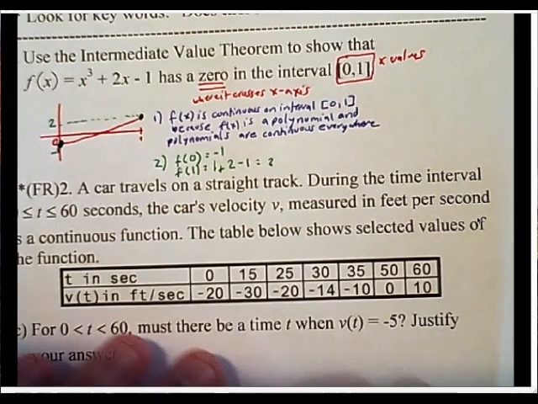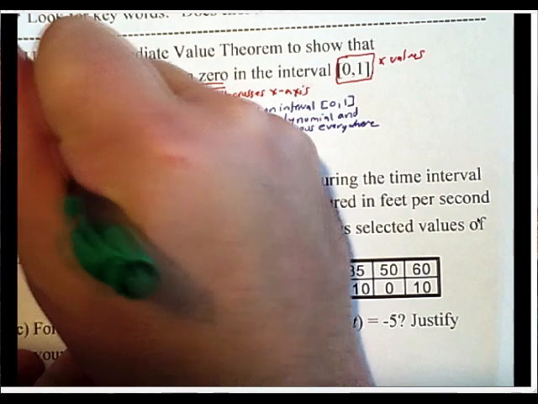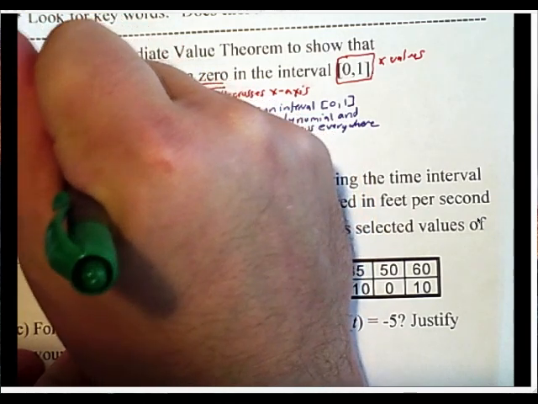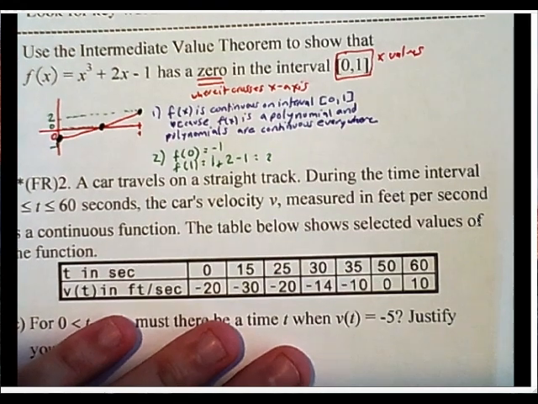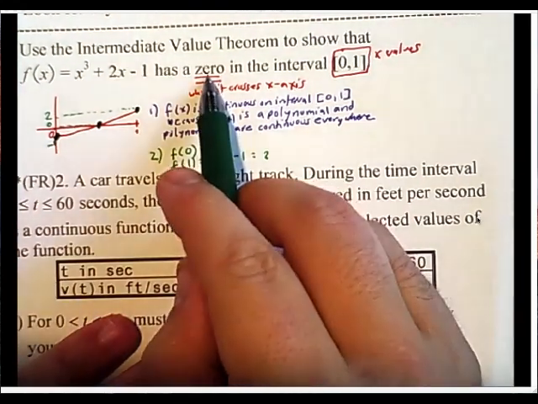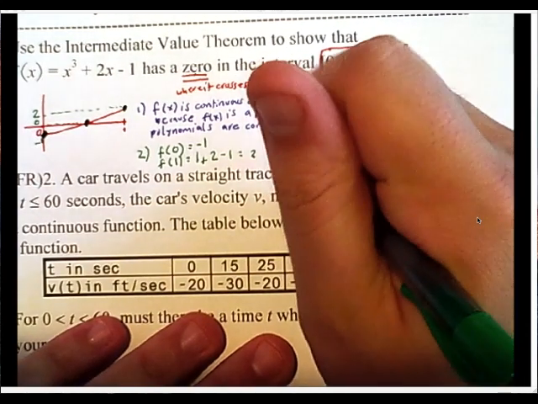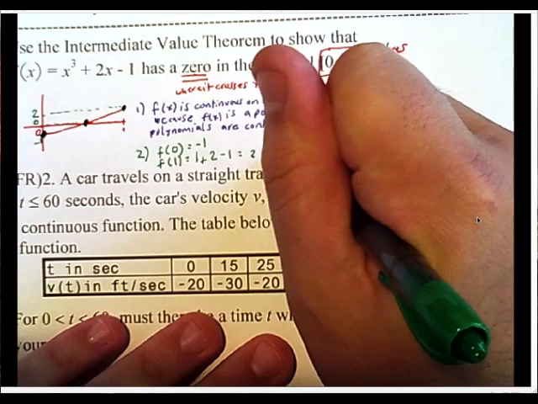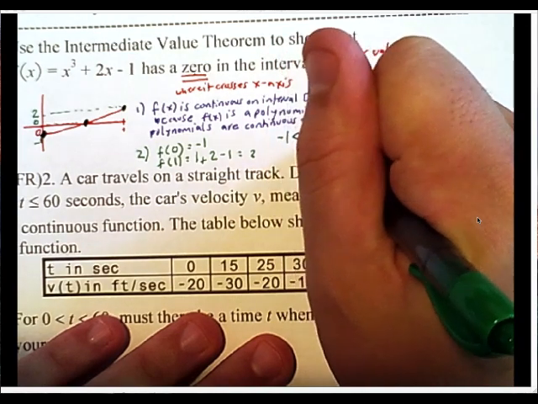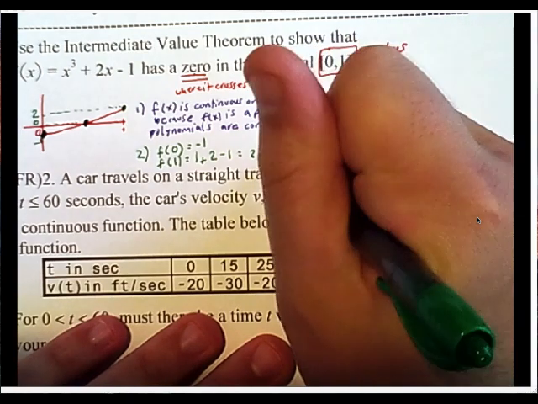But what's the k value we want? Well, the k value we want they tell me is 0, because that's the definition of a zero. Okay. So what I would say here is that negative 1 is less than or equal to 0, which is less than or equal to 2. Sorry, I should say less than or equal to.